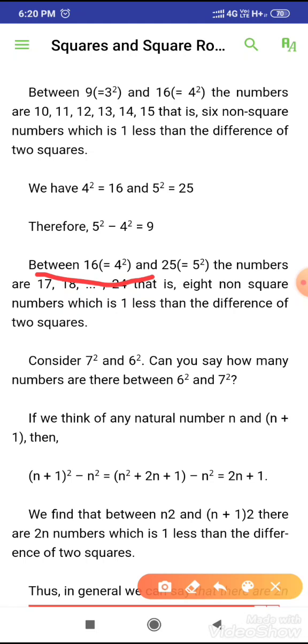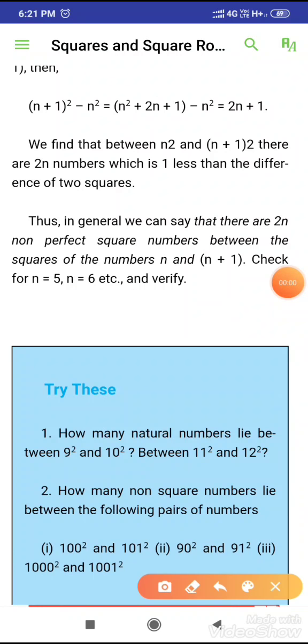If you subtract 16 from 25, you have 9 as your answer, and if you subtract 1 from it, you have 8. It is equal to the number of non-square numbers between them. So in general, you can say that there are 2n non-perfect square numbers between the squares of the numbers n and n plus 1.